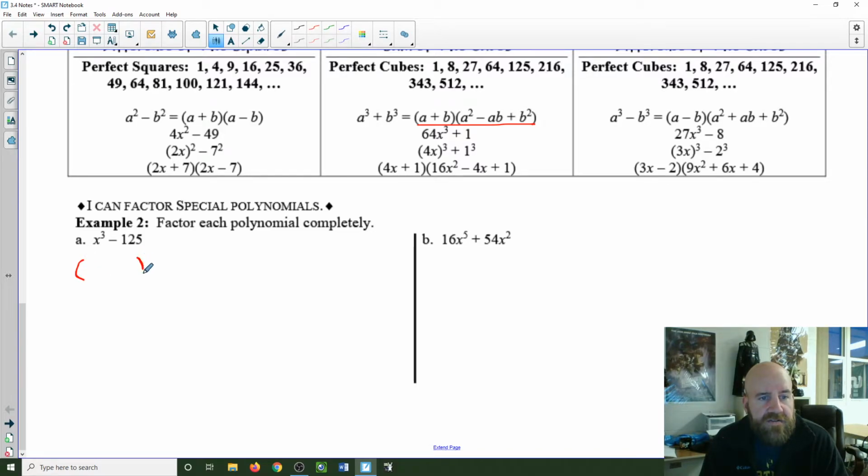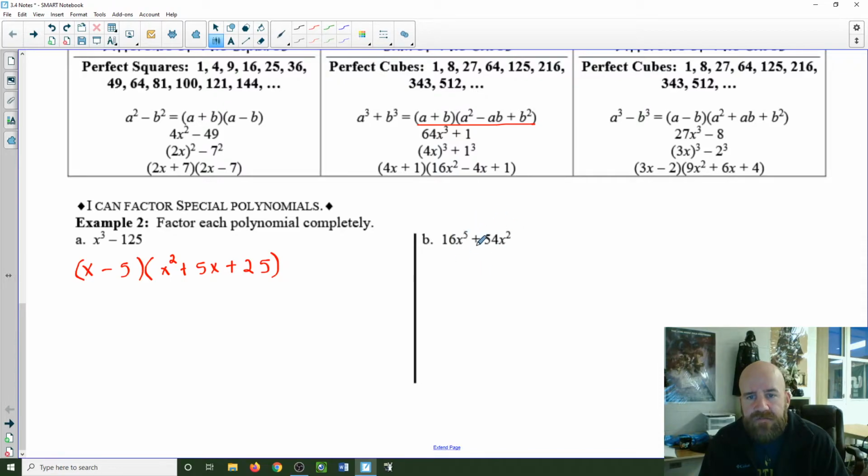We're dealing with a difference of 2 cubes, so a minus b, so x minus 5, times x squared plus ab plus b squared: x squared plus 5 times x plus 5 squared. And that's it, because we can't factor this quadratic any further, so we just leave it.